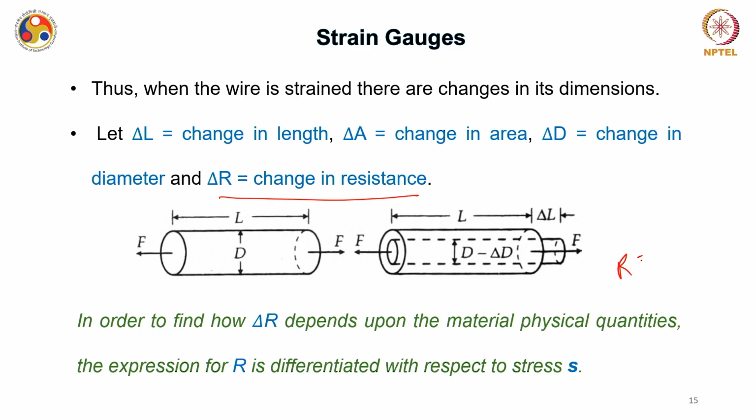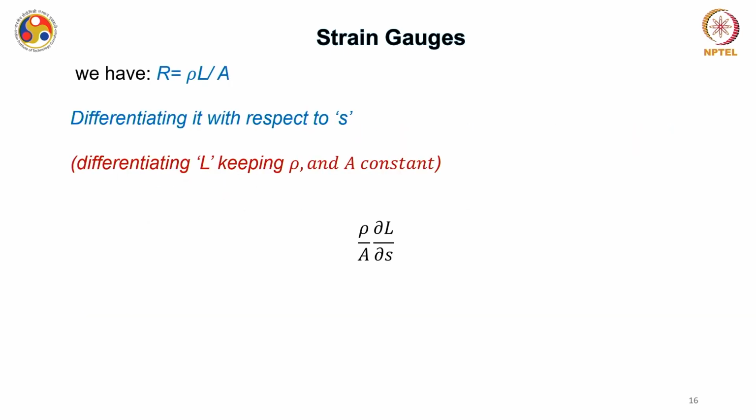The expression for R was rho L by A. Since all these values are changing with respect to stress, as we have just seen, we have to differentiate each quantity keeping the others constant. So if I differentiate R with respect to S, say differentiate first L keeping rho and A constant, you will get this value, say I am calling this 1.